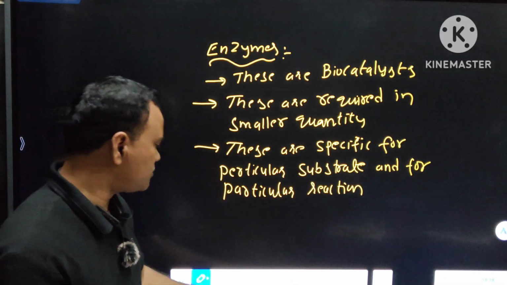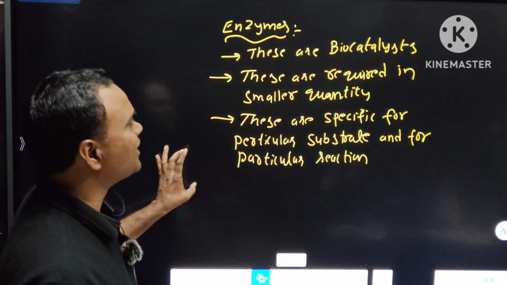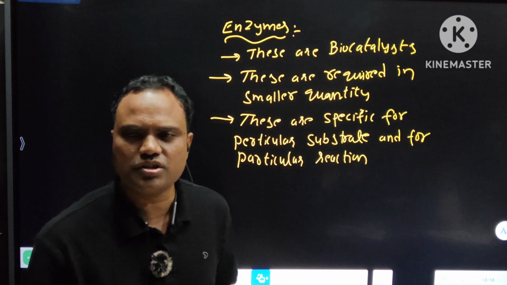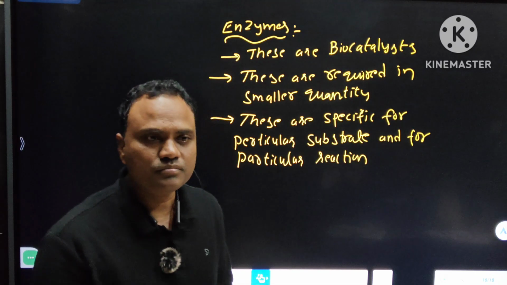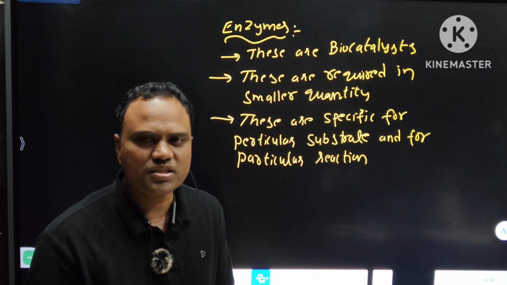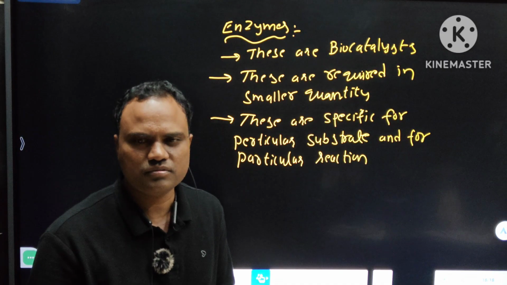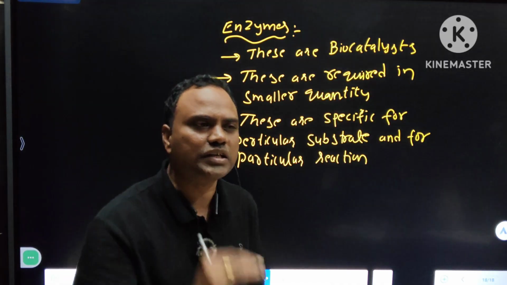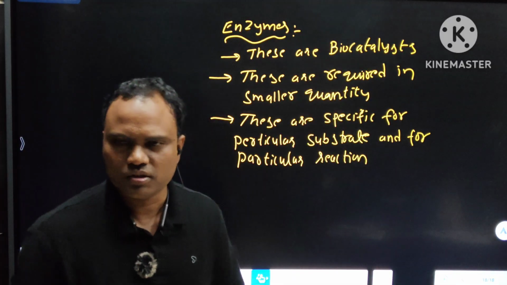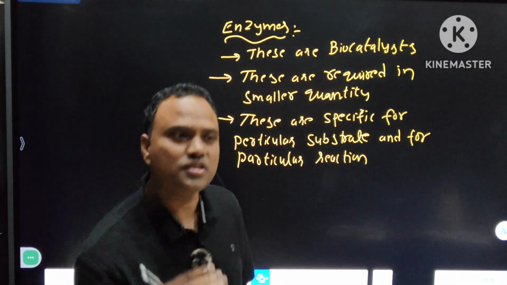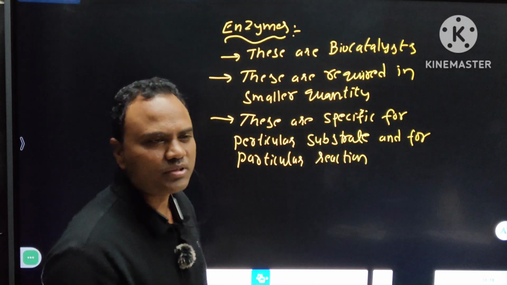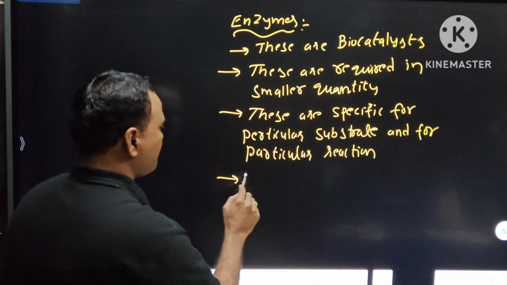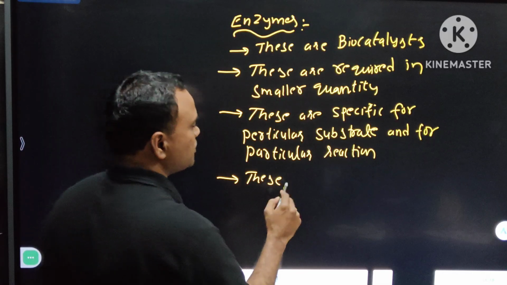What is the role of a catalyst? Generally I am asking you, but it comes in kinetics also. Does a catalyst increase or decrease the activation energy? Decrease. If activation energy increases, then the reaction slows down. The role of a catalyst, not only a biological catalyst but a general catalyst, is to decrease the activation energy and speed up the reaction. When activation energy decreases, the reaction becomes fast. You will see this in the chemical kinetics chapter in physical chemistry.